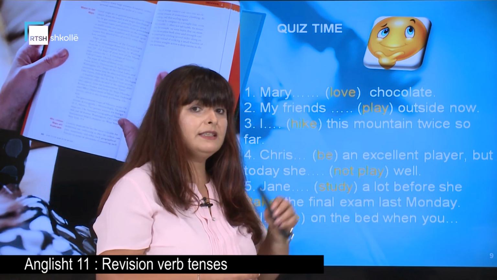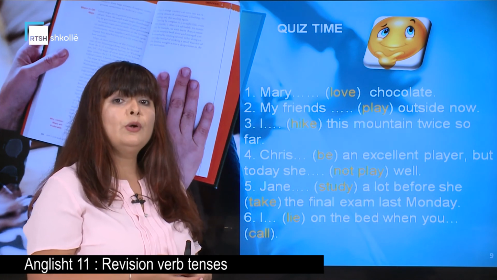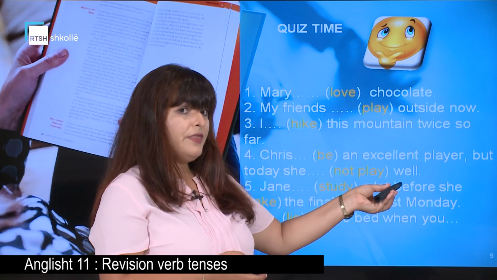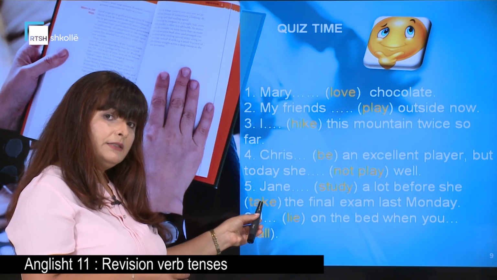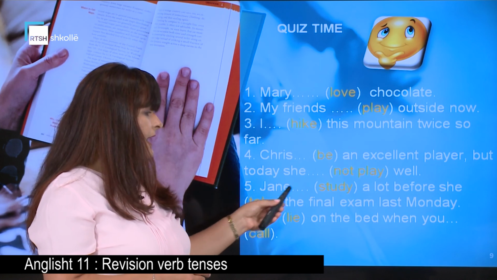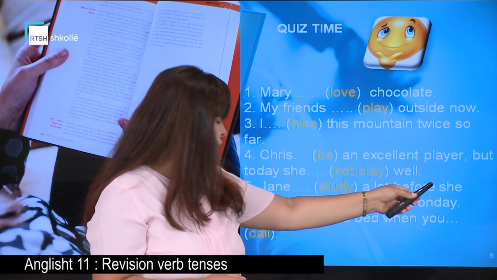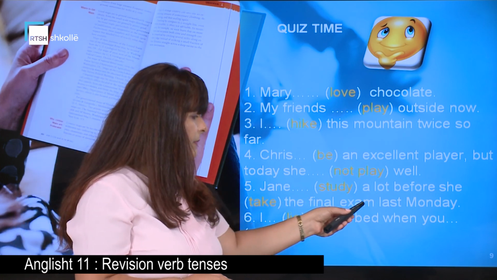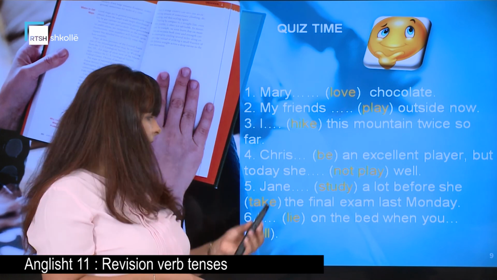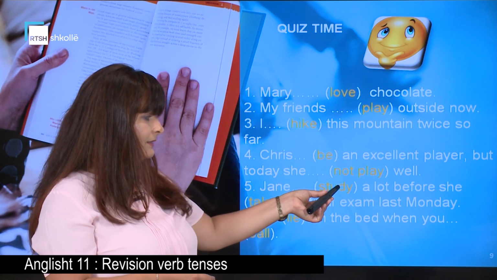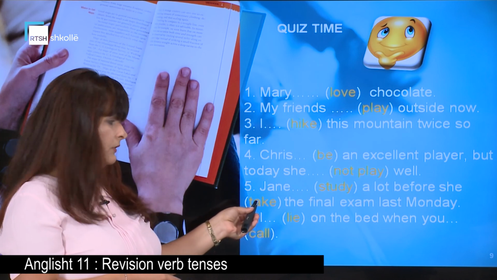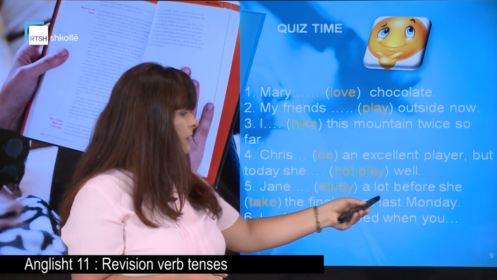Last Monday is a time expression that we use for past simple. But we have also before, that means an action in the past and another action before that action. So we have Jane had studied a lot before she took the final exam last Monday. Okay, I'm repeating it. Jane had studied a lot before she took, irregular verb again, the final exam last Monday.